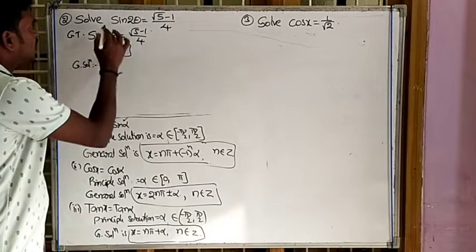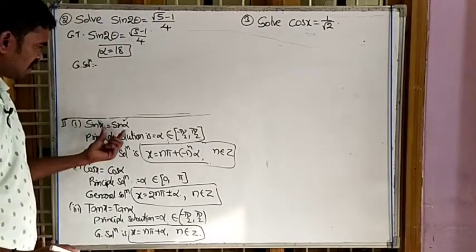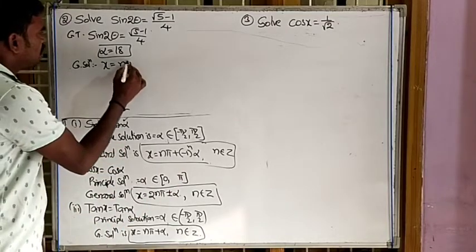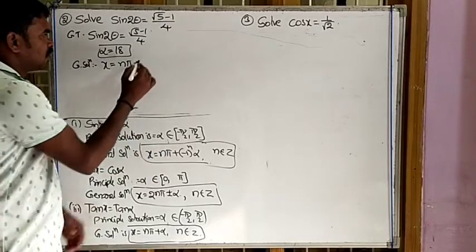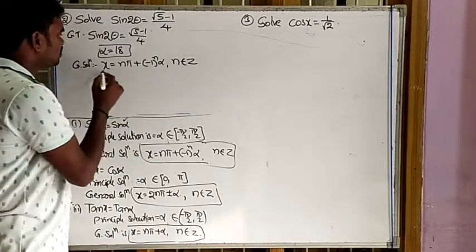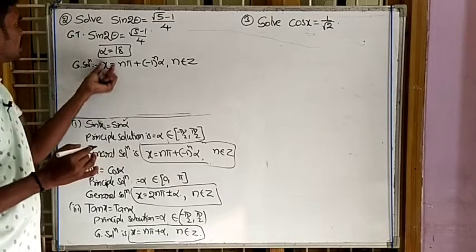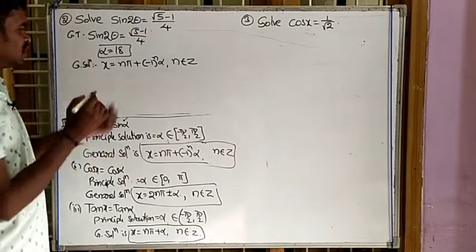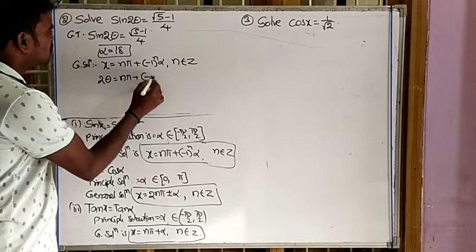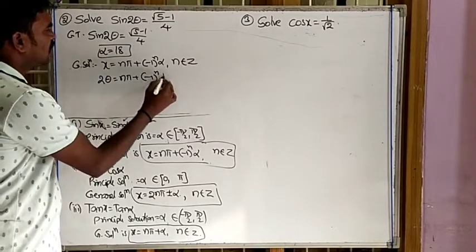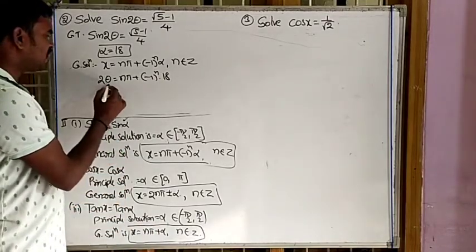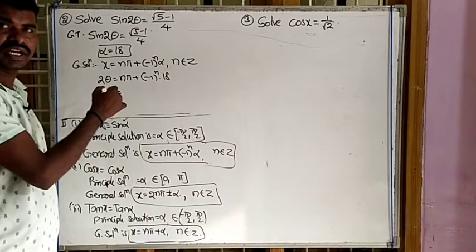What is the formula for sin x is equal to sin alpha? x is equal to n pi plus minus 1 power n into alpha, n belongs to z. Here in place of x there is 2 theta. Am I right? So 2 theta is equal to n pi plus minus 1 power n into alpha. What is alpha? 18. Sir, we want theta value, because the solution means completely theta angle.